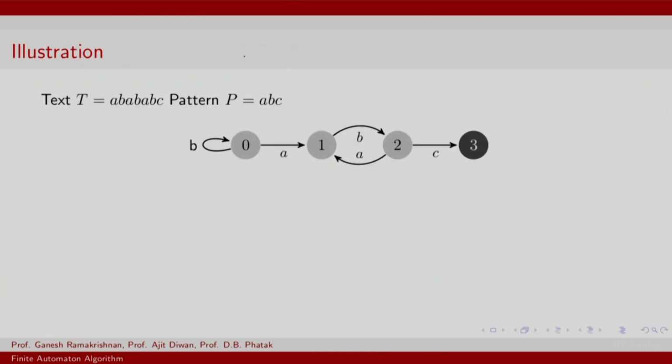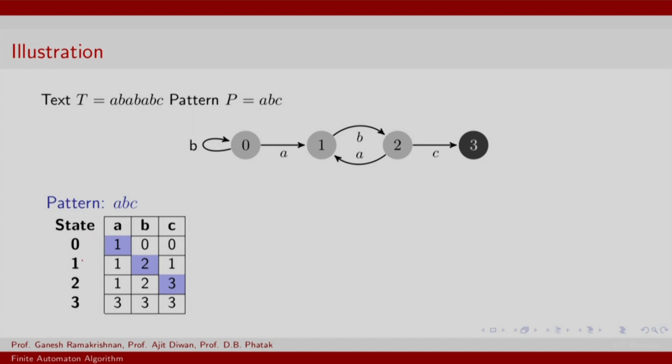So what we will do now is, having constructed a finite state automaton for ABC, we will try and match it to the text T, and we will actually see how we are able to leverage the memory that the finite state automaton gives us. The state transitions have been also tabulated below here.